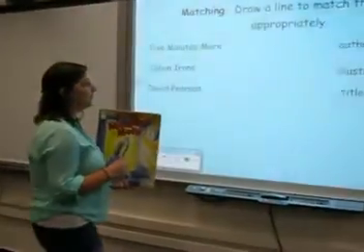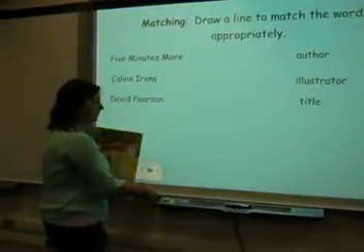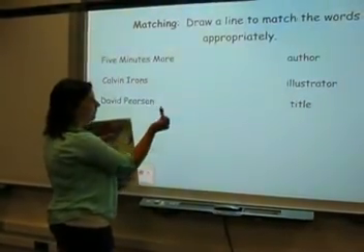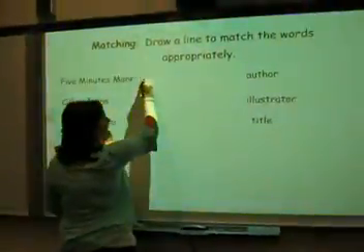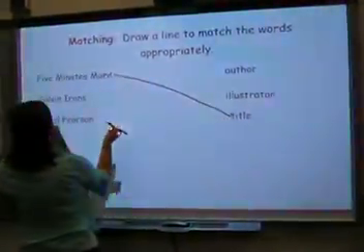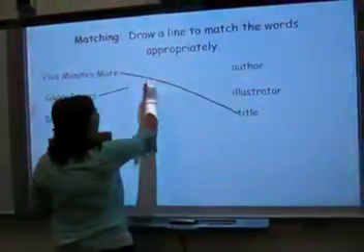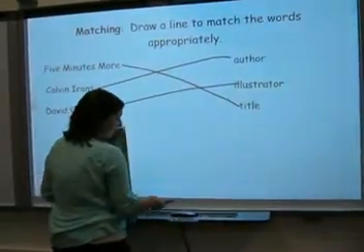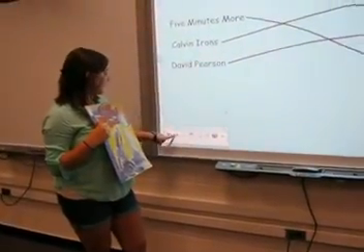The first activity would be for students to draw lines to match the words correctly. The author is Calvin Irons, and David Pearson is the illustrator.